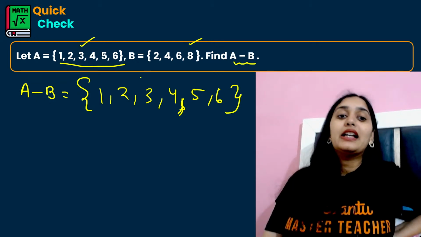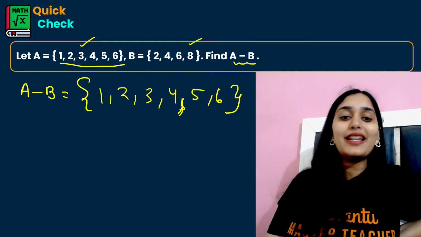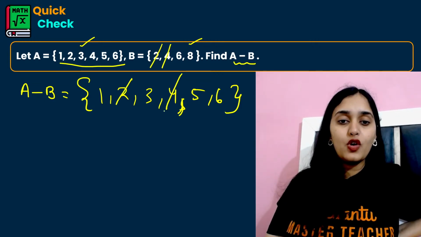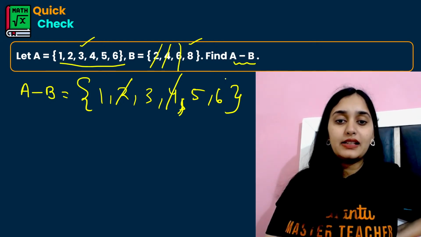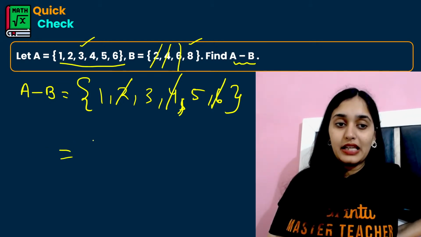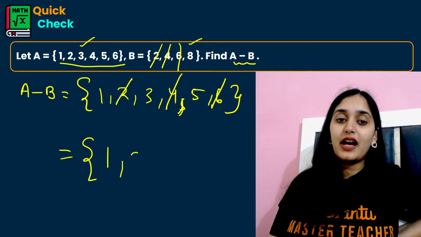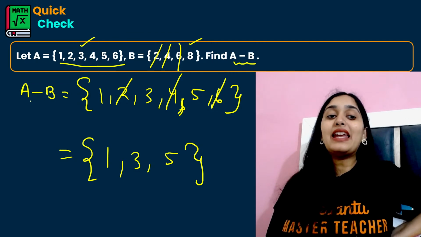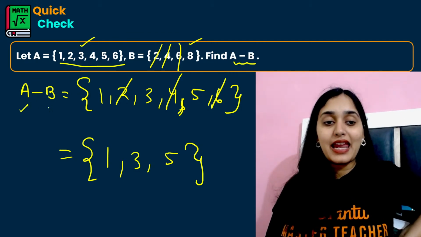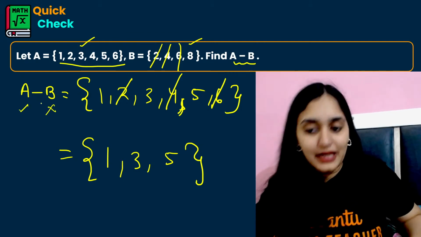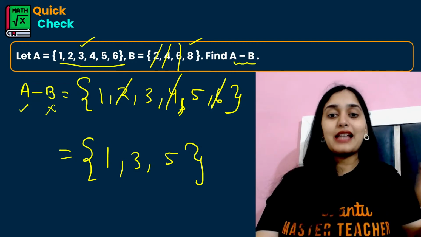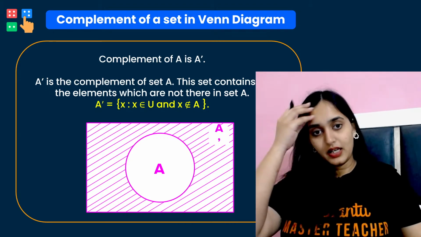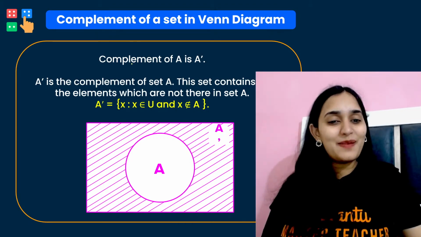But these elements should not be there in B. 2 cannot be there. 4 cannot be there. 6 cannot be there. Therefore, A minus B is 1, 3, 5 only. So, any element that is there in set A but not there in set B, only those elements are there in A minus B. Okay. Very good.